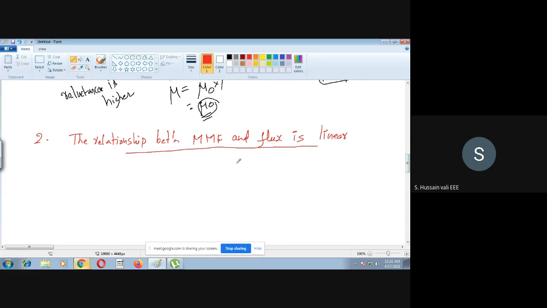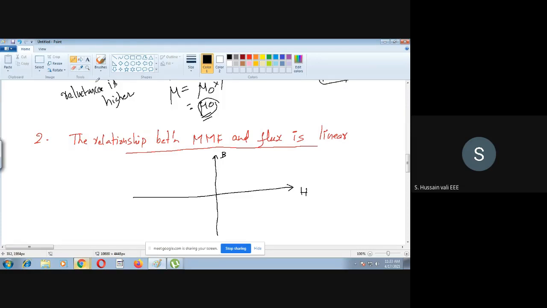First of all, where do you get this MMF and flux relationship? If you recall, you might have studied the BH curve. This is B and this is H. Now what is B?